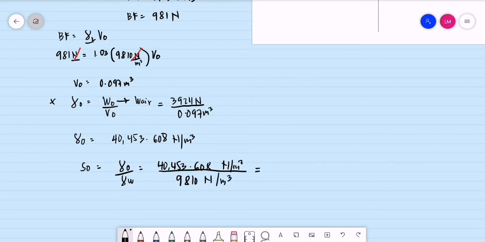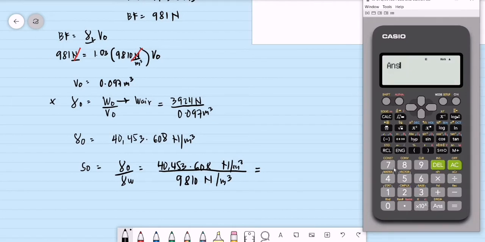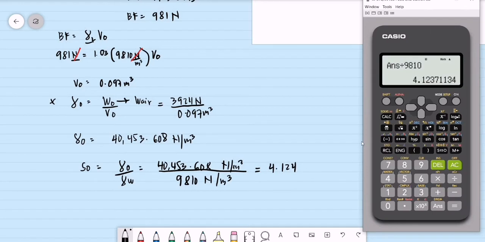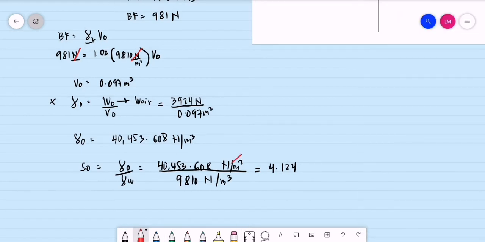So let's have that value. This is the answer divided by gamma water, 9,810, equal to a specific gravity of 4.124. Take note, specific gravity is unitless.